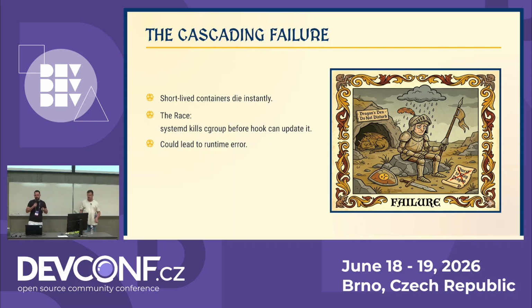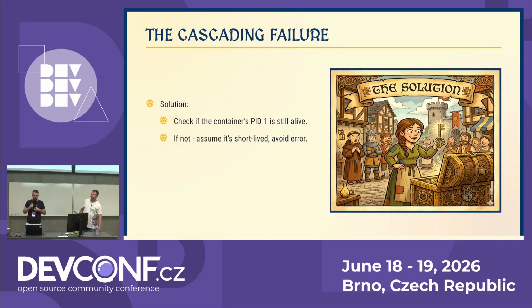The errors would eventually pop up all the way to kubelet, and kubelet would say, I don't know, something went wrong with the OCI, I need to terminate this pod, and this caused problems all over the place. So we solved it with a simple solution: we check if the container's PID1 is still alive, and if not, we assume it was short-lived, and we skip the configuration entirely.